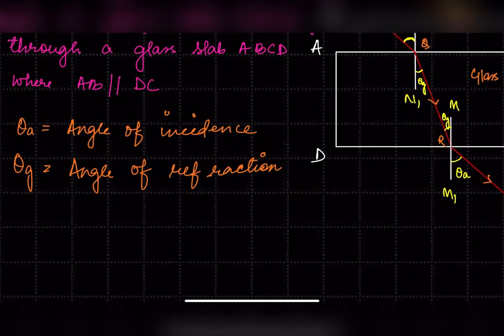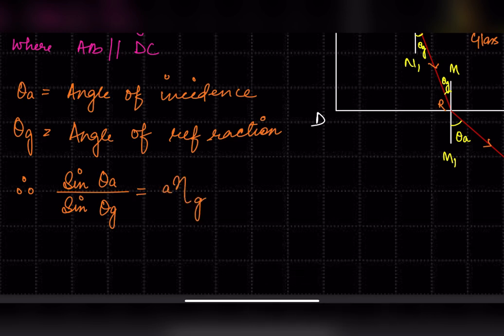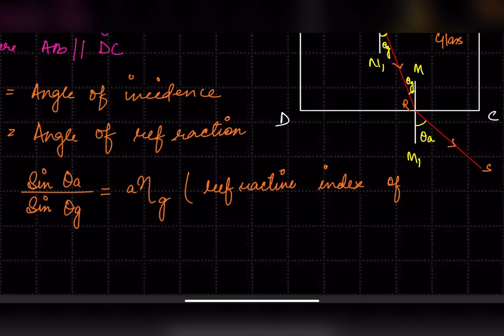I can write using Snell's law that sin of angle of incidence theta A divided by sin of angle of refraction theta G equals the refractive index of glass with respect to air.